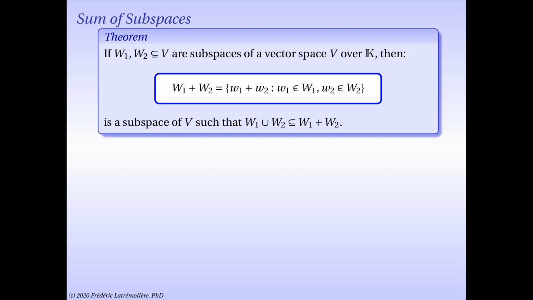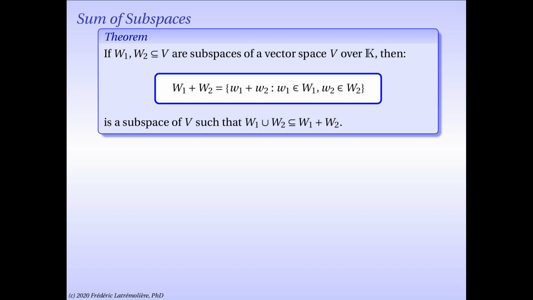If I want a subspace, and we'll discuss later that in fact this is the smallest you can get in a precise sense, but for now, a good replacement for the union, something larger that will be a subspace, is what's called a sum. If I take two subspaces W1 and W2 of V, I'm going to define W1 plus W2 as the set of all possible sums with one term in W1 and one term in W2.